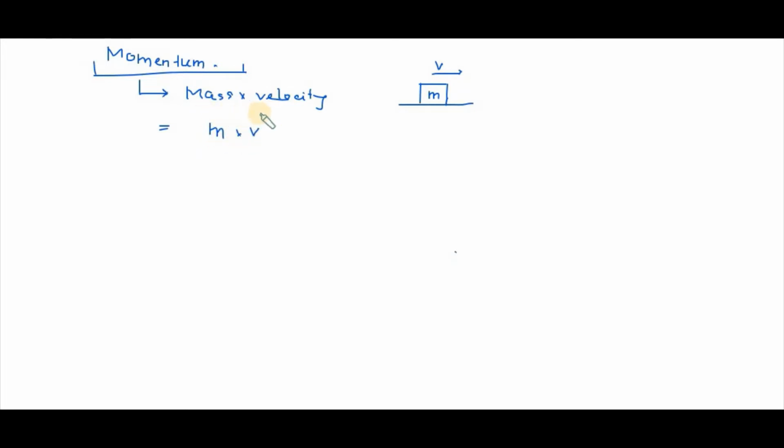The total momentum of motion present in a body is determined by the mass and the velocity of the object. It might be possible that it has different velocities at different times, so in that case its momentum will change. Momentum is generally denoted by the notation P, so P equals m times v.